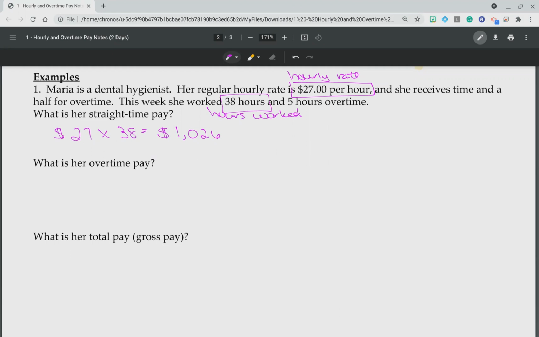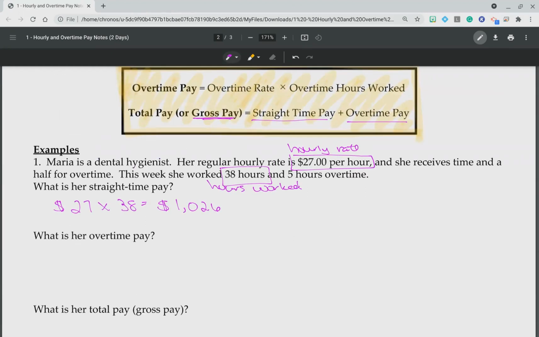All right. Then we have to do her overtime pay. We'll scroll up a little bit so we can see our formula here. So remember, our overtime pay is equal to the overtime rate times the overtime hours worked. Okay, so the first thing I need to figure out is her overtime rate. Well, I am told up here that she receives time and a half for overtime. So I'm going to take the $27 that she makes regular pay and multiply it by 1.5.